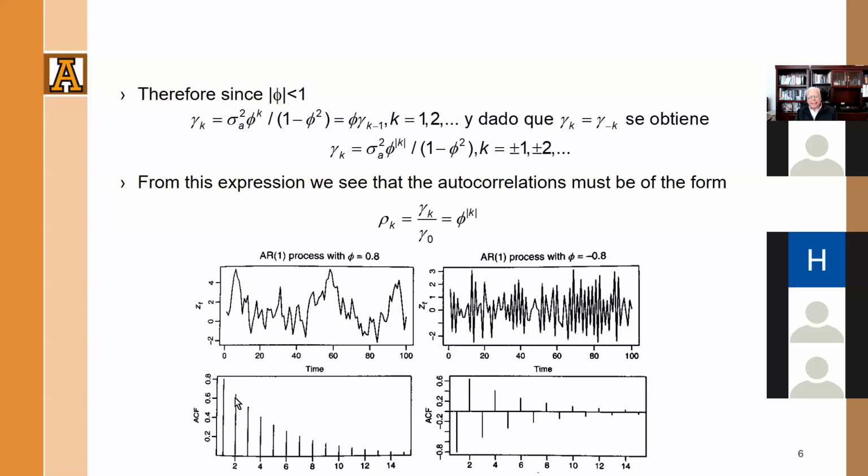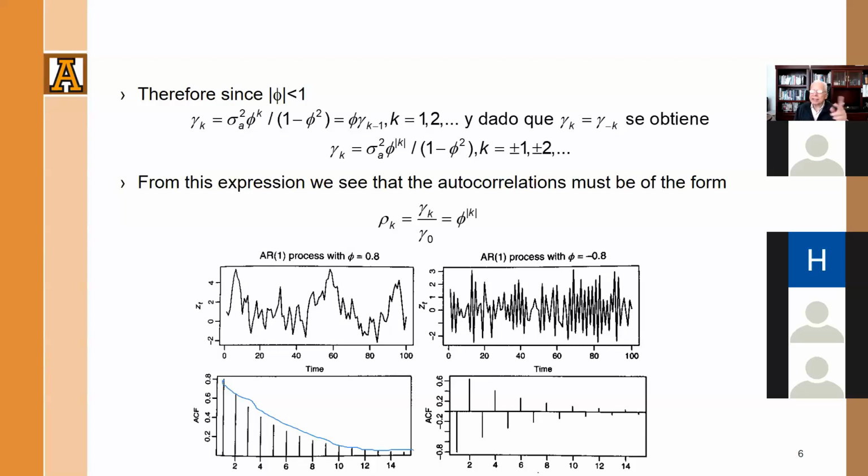Then the second autocorrelation is going to be phi squared, 0.64, and so on. So this autocorrelation function is decreasing exponentially to 0.